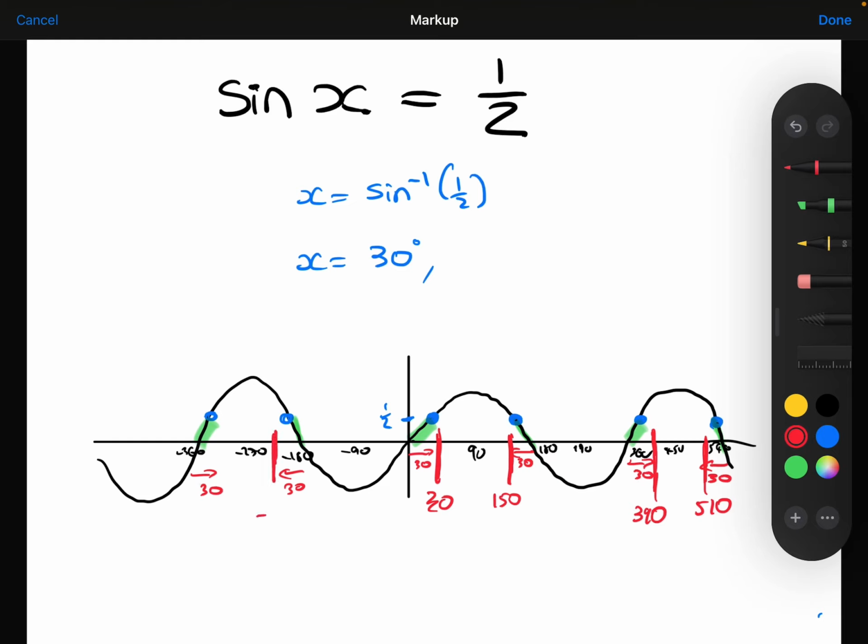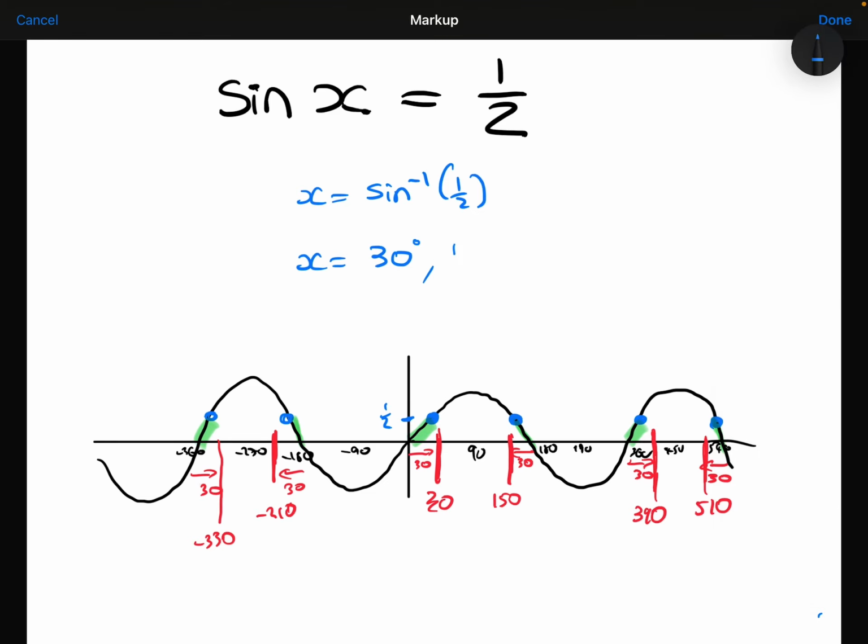This angle would be minus 210, because minus 180 take away 30 is minus 210. And the final answer on the graph that I've drawn would be minus 330. So all of these are good answers. They are all valid answers for sine x equals 1/2.